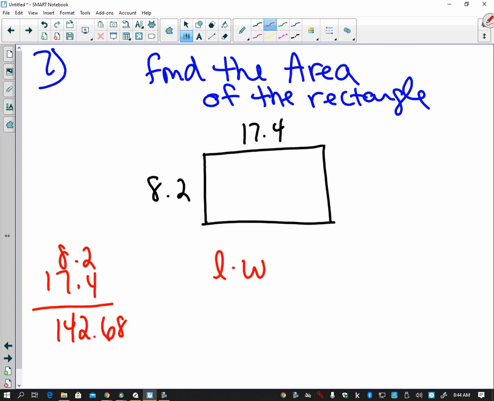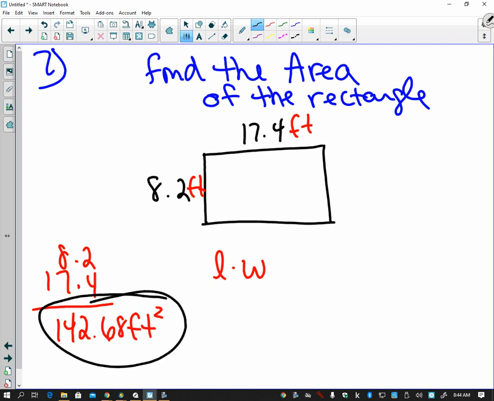And they put feet on this, so we're going to put, yes, feet squared. And that might also be something that people do wrong, because there might be a 142.68 feet. And because it's area, we're getting feet squared. Okay? So by all means, don't miss the easy ones. All right, we'll stop right there.